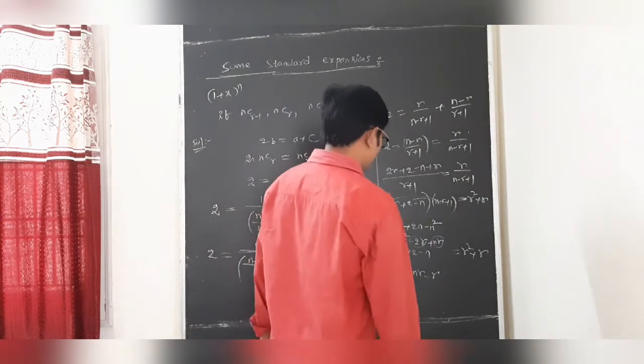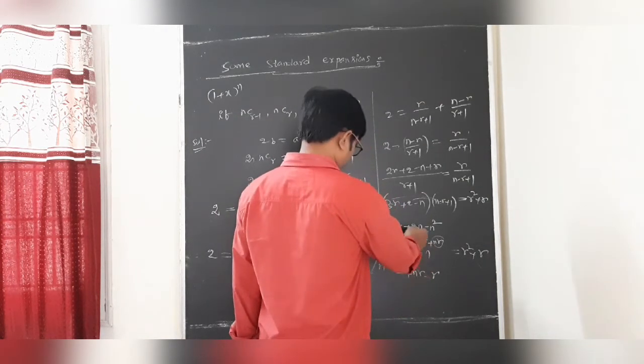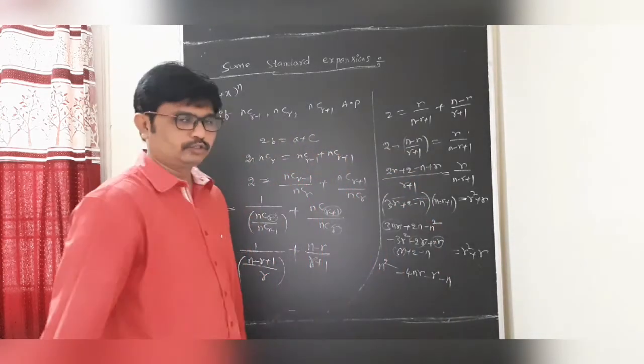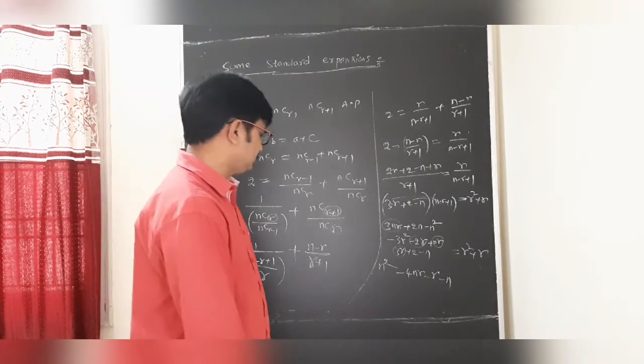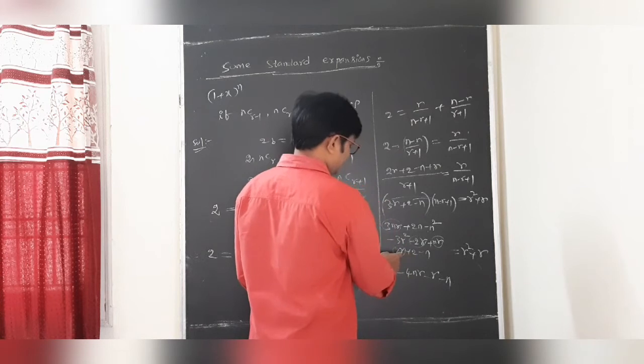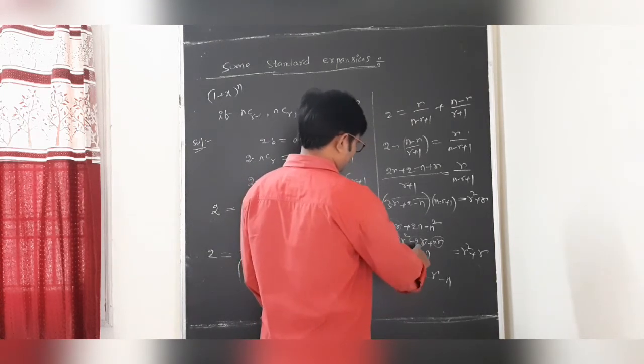Now how can you write this? We can observe here 2n minus n, plus n is also minus n. So students, how many terms are there? Plus 3r, minus 2r.